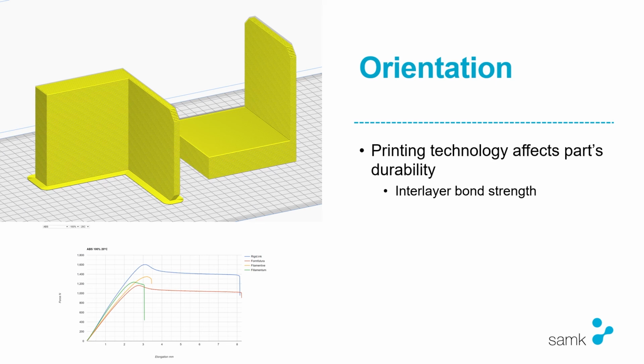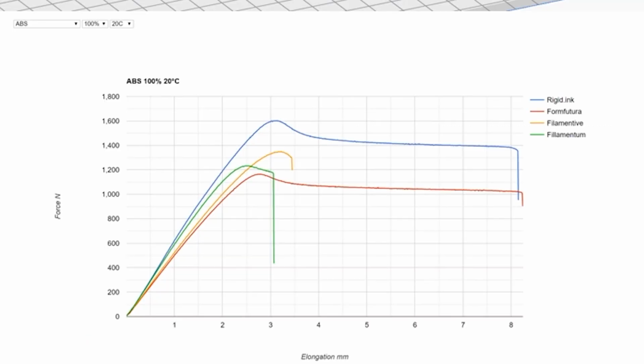So what about the strength of the 3D printed parts? You can see a chart below that tells us the tensile strength of ABS plastic when it's infilled 100%. There are different manufacturers and different lines.